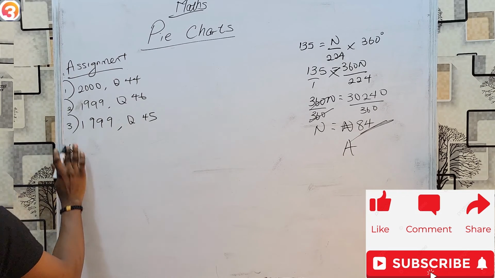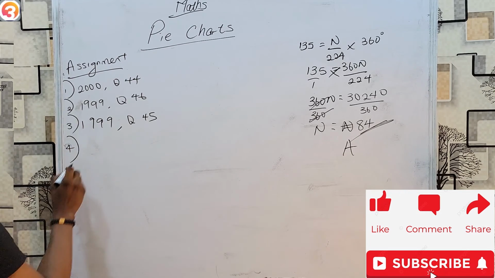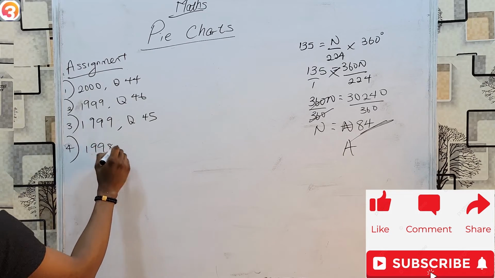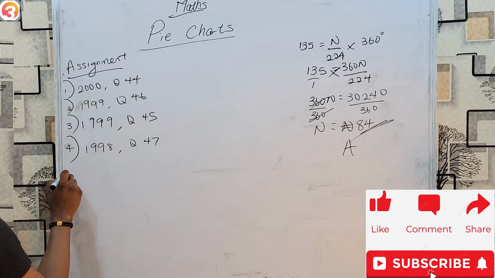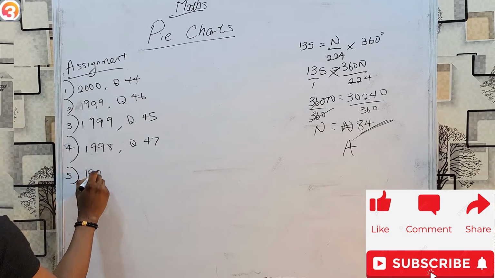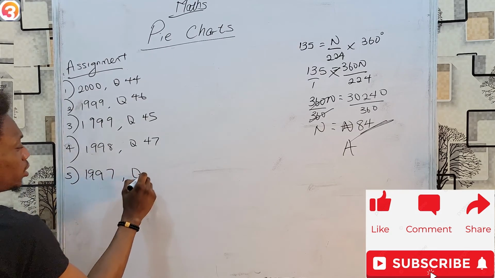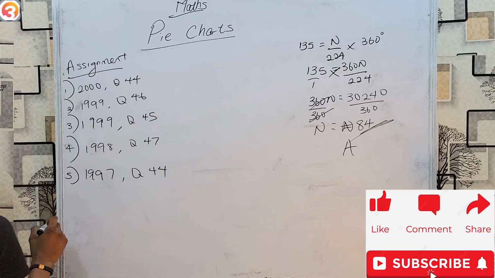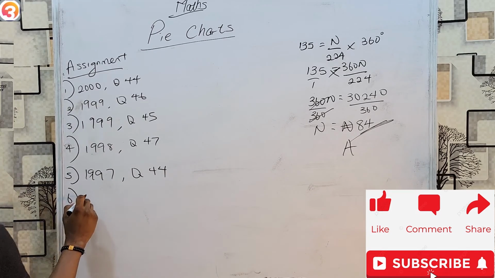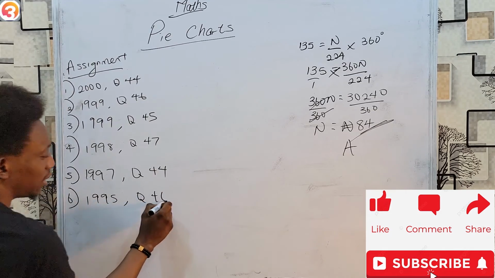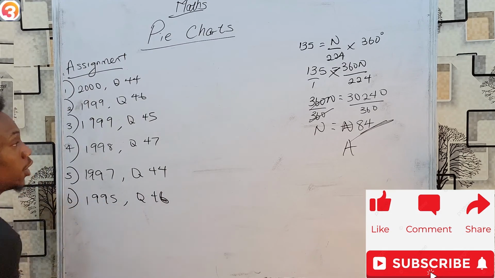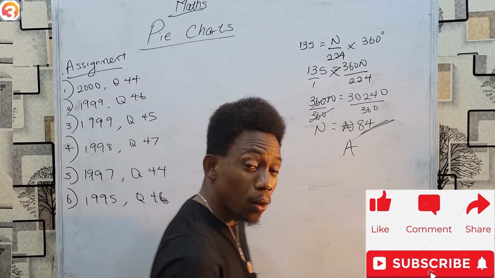Then, the year 1998, question 47. You can also go to the year 1997, question 44. I'm taking one last one, but definitely not the least. 1995, question 46. So please do well to try and solve these questions.